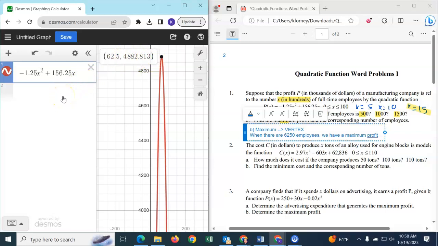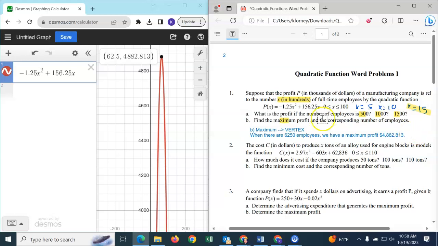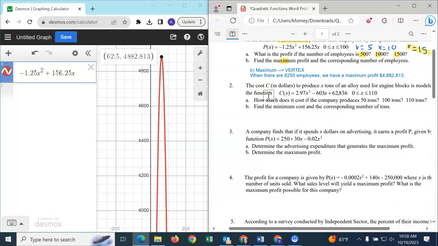So that's going to be 4,882,813. So 4 million, your maximum profit is $4,882,813. So for B, we use the vertex to find the maximum. You also use the vertex when you find the minimum. And so that's what we will look at in number 2. All right, so we'll look at that in just a minute.